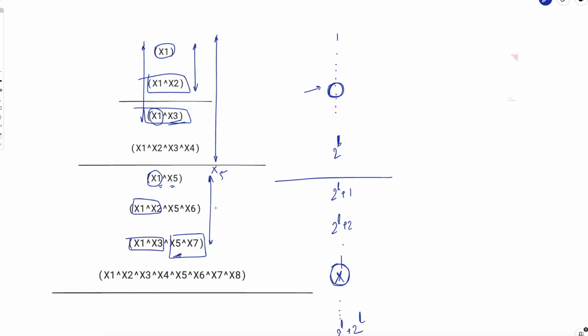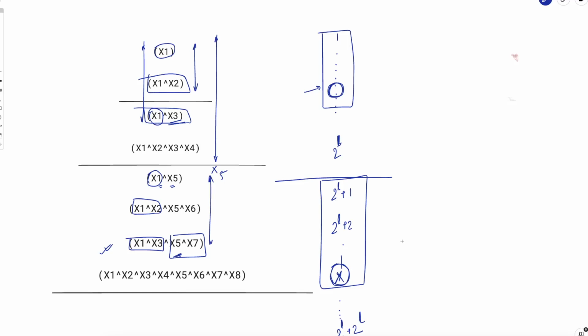Whatever are the values for those two, if you XOR them, you will get the value for 7 elements as well. Similarly for this x, you will get whatever is the value here, and whatever is the value for this part, and you can XOR these two to get the value at x, right?